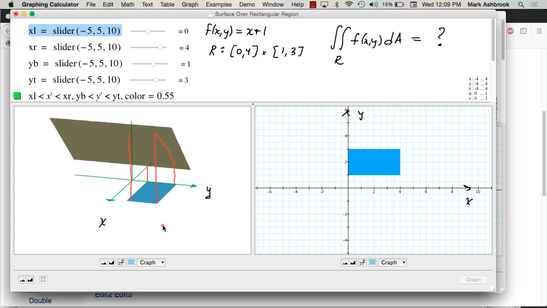Any spaces above the xy plane have a positive contribution. Any spaces where the surface carves out space underneath the xy plane will have a negative contribution. So this will always be signed volume, meaning a difference of volumes, or net volume, okay?